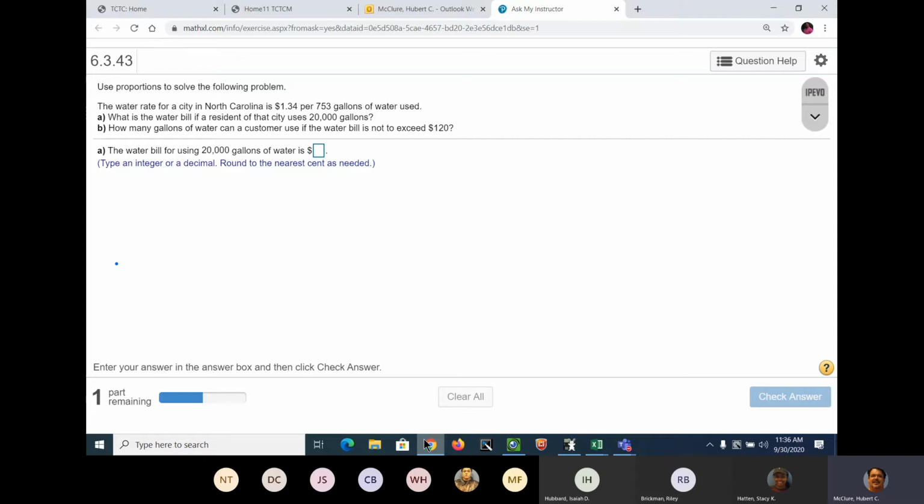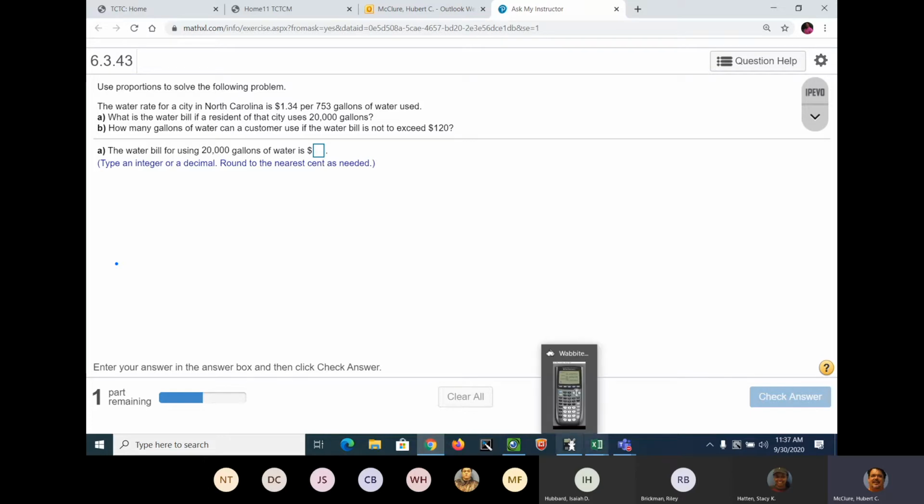I'm just doing scientific notation to see if it helps. Because this is 2.0 times 1.34, that's going to be 2.68 times 10 to the fourth over 7.53 times 10 to the second.